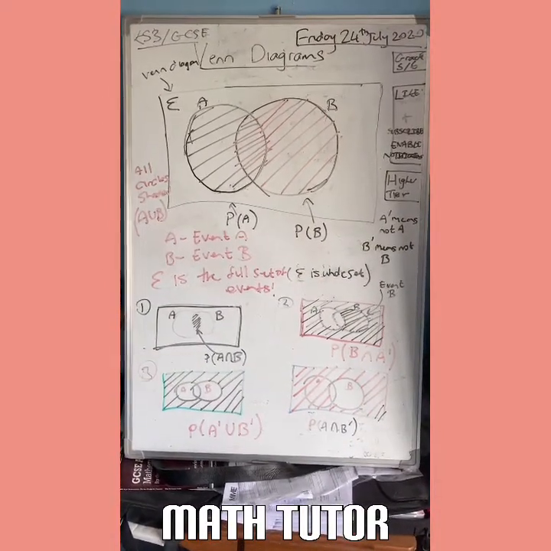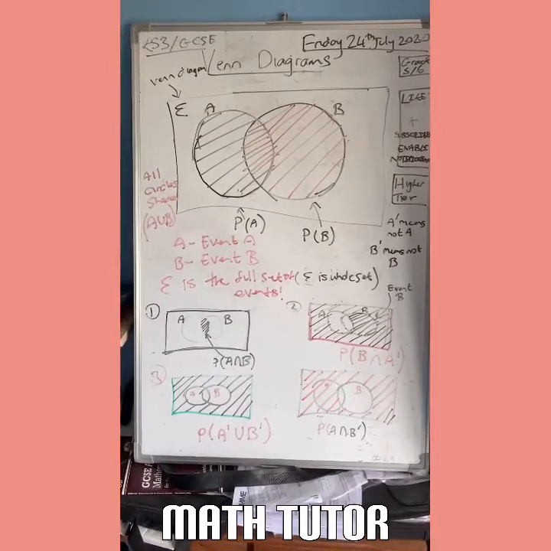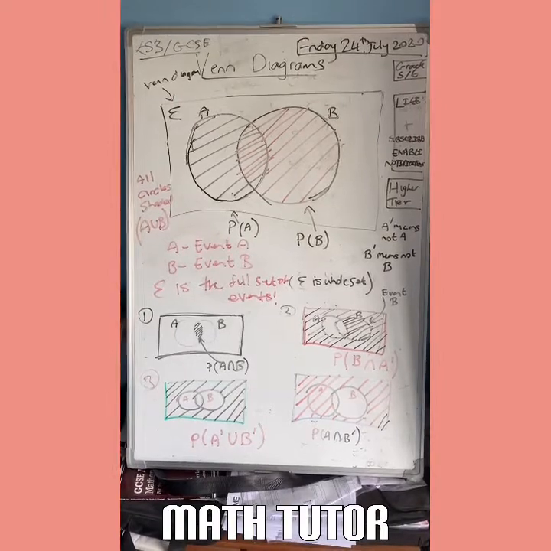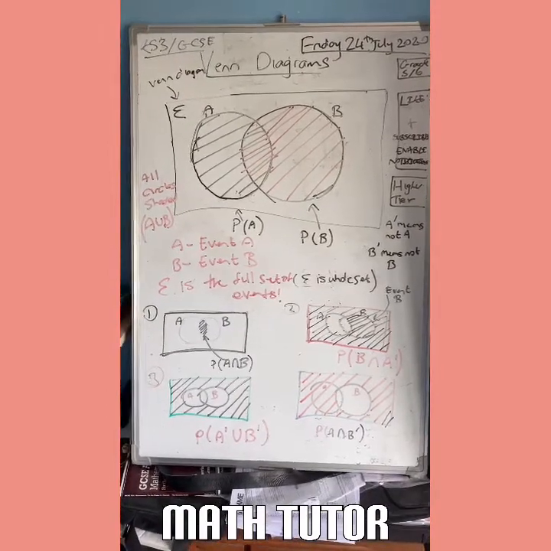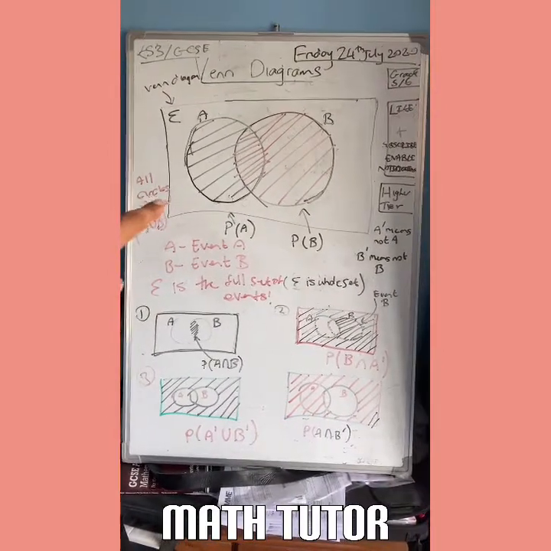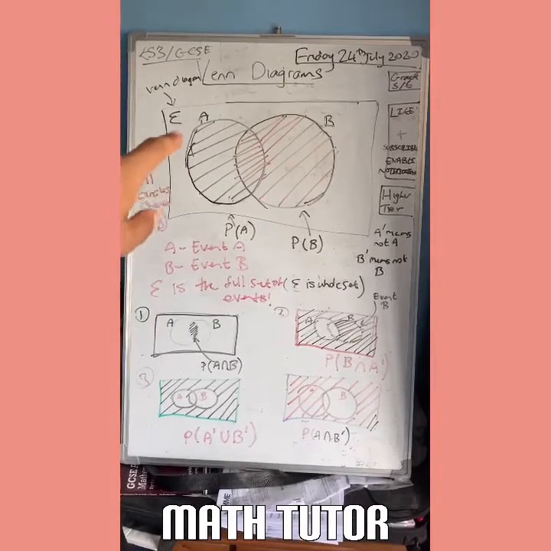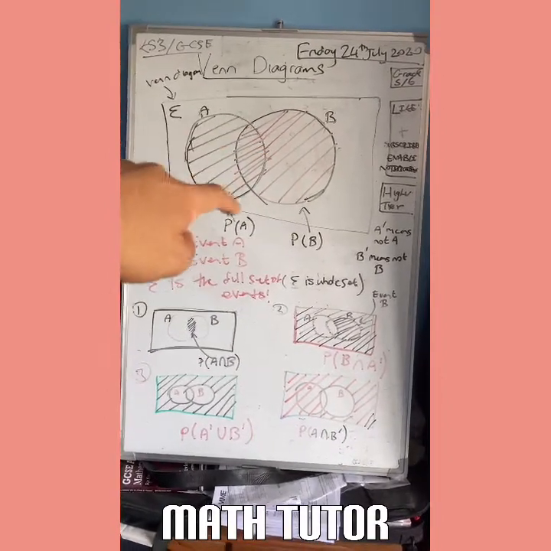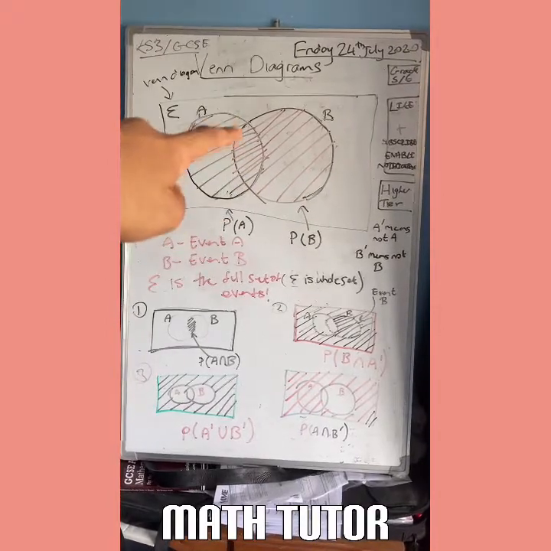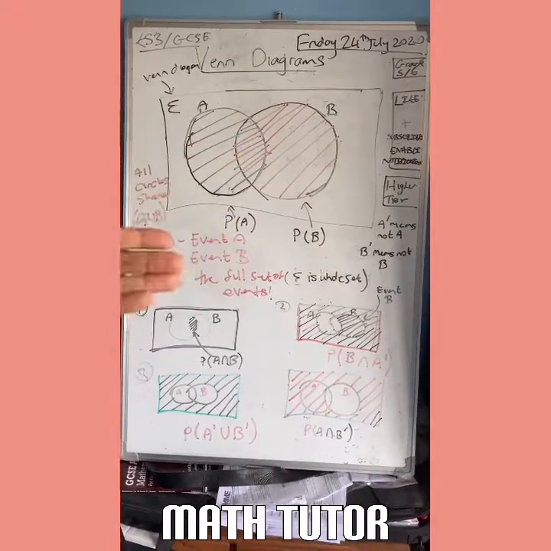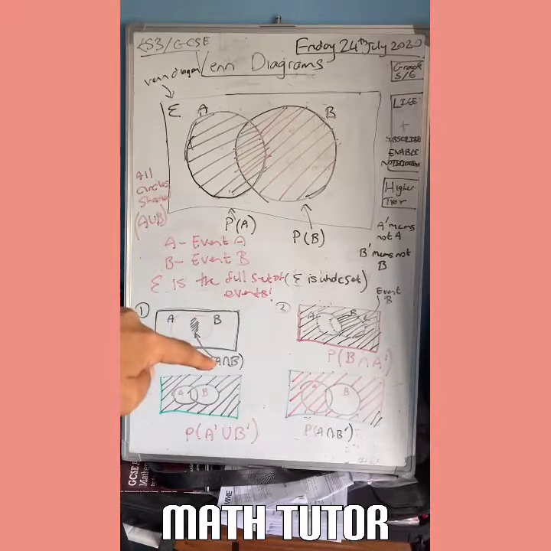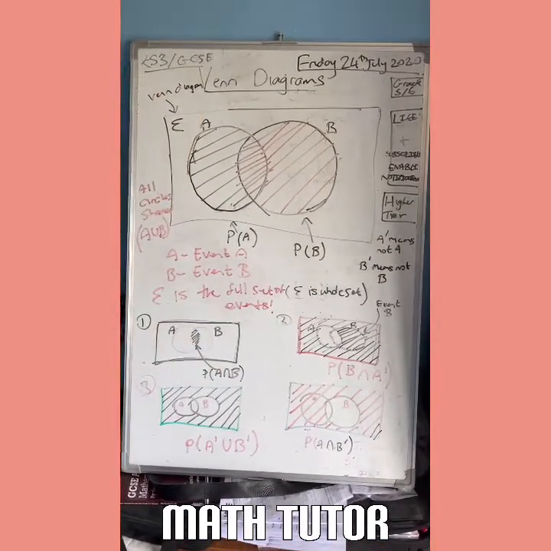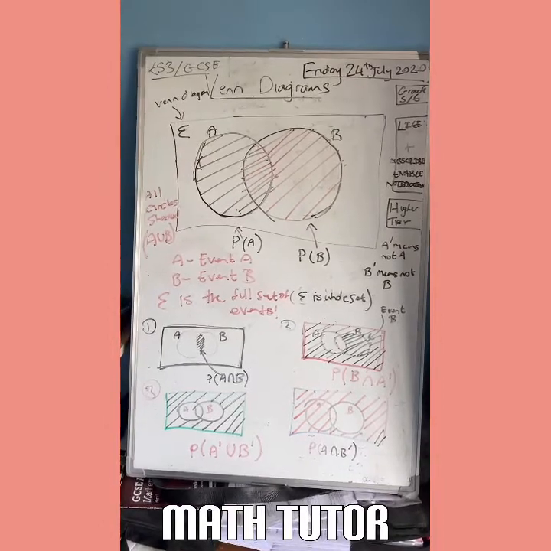A few key points for today's lesson. We're just looking at basic notation. I've got epsilon, event A and event B, and where they overlap, that's where I have event A and B, denoted with the intersection symbol.